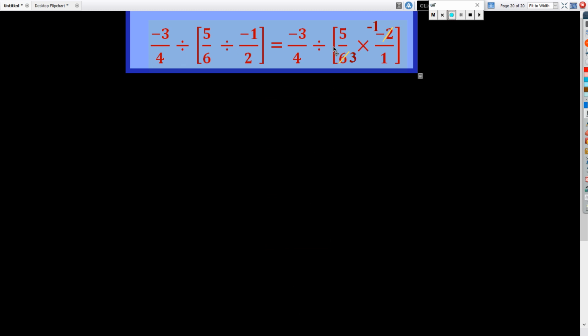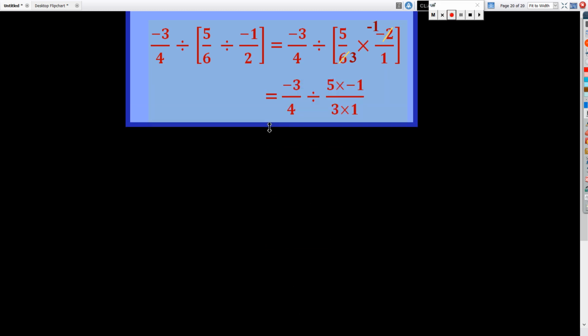So you can write 5 by 6 into negative 2 by 1. The reciprocal of negative 1 by 2 is negative 2 by 1. Now 2 and 6 are there. You can divide it by 2. So 2 to 1 times. So it is negative 1 by 3.